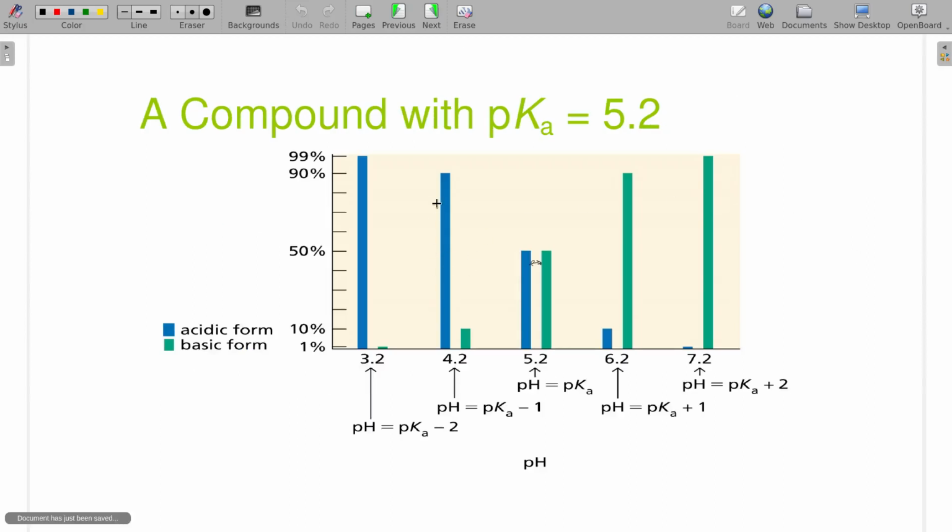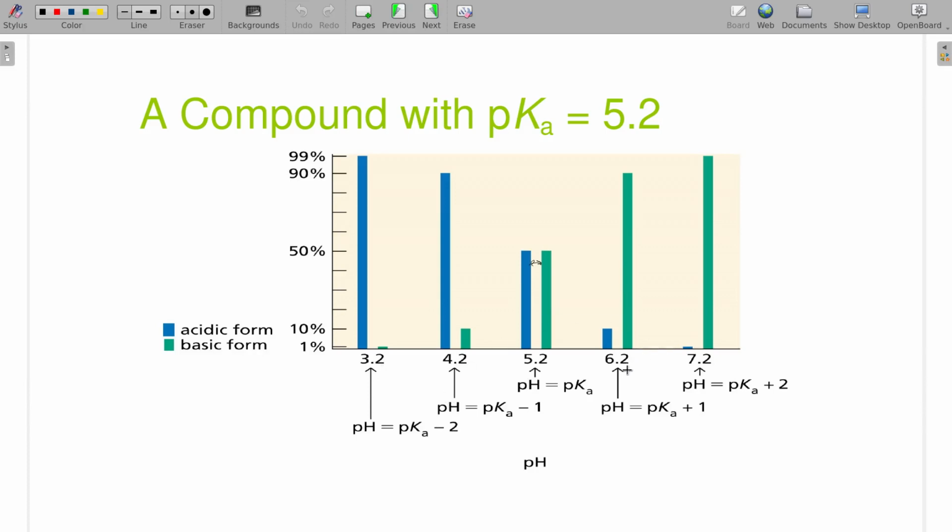If we have 10 times the acidic form as the basic form, so like a 90 to 10 ratio, we actually are 1 full unit away from the pKa. And if we have a 100 to 1, 99 to 1 in this case, we have a pH difference of 2.